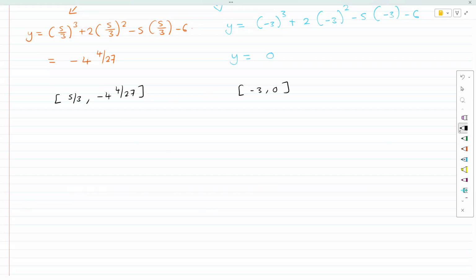Now, guys, you have 2 points. That means you have two straight line formulas. y equals mx plus c, y equals 10x plus c. I'm going to sub this point in, 5 over 3 and minus 4 and 4 over 27.